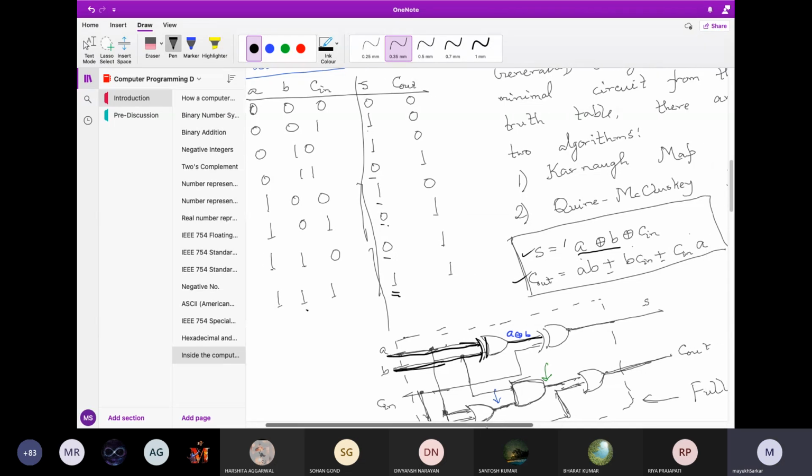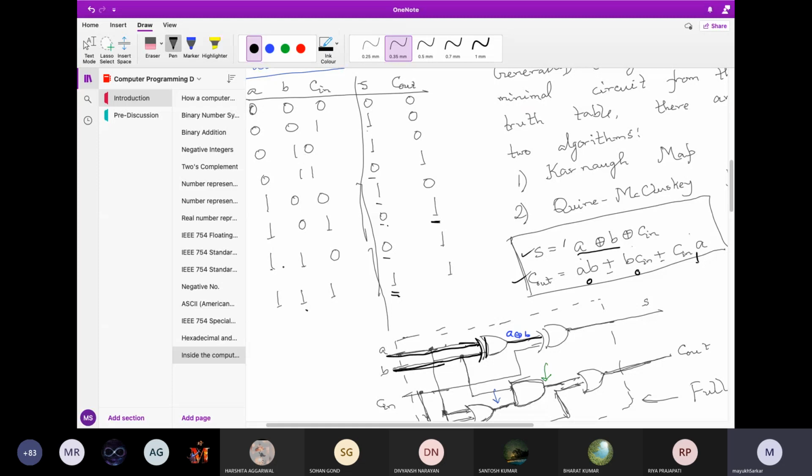And similarly, this C out here, you can check it out. Let me take any one of them. Say 101 here. A B, so 1 and 0 becomes 0. So this is 0. B C in, again 0 and 1, so 0. Whereas C in A, 1 and 1, 1. So OR of these three, 1 and 0, you'll get 1. That's what you're getting as C out.